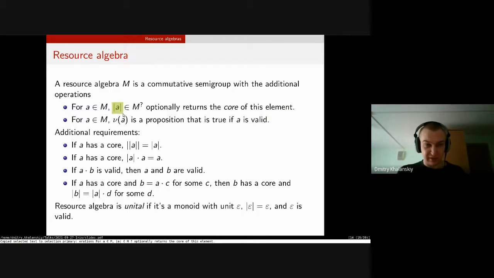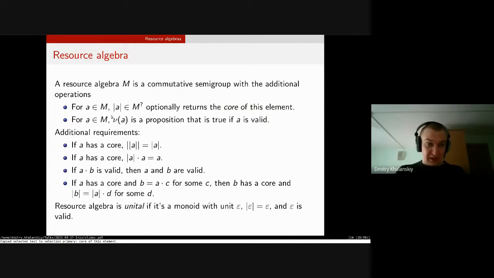Operations that is written like taking an absolute value, when applied to resource algebras, returns the core of the element, whatever it means.